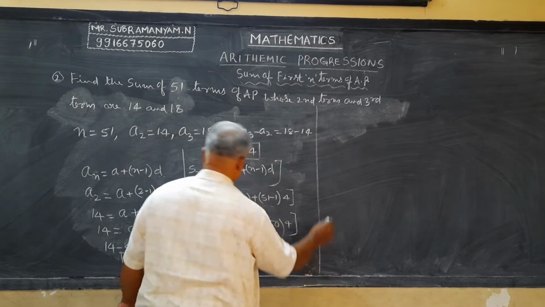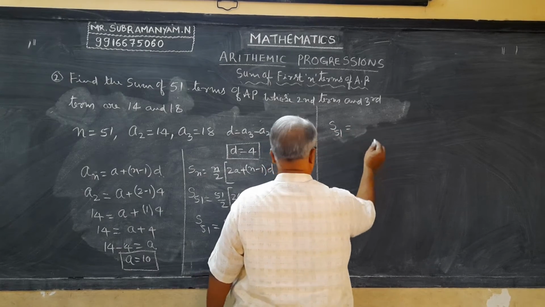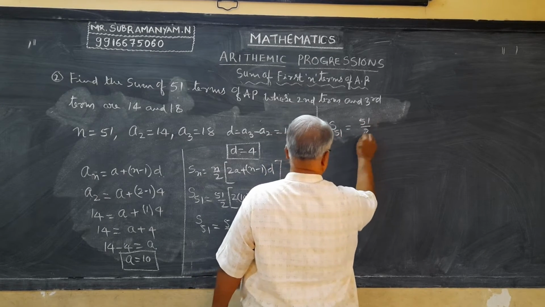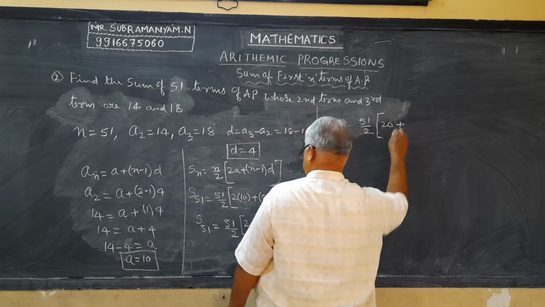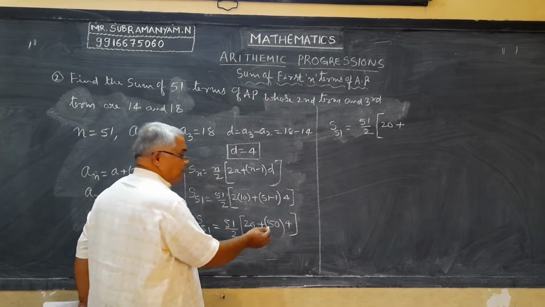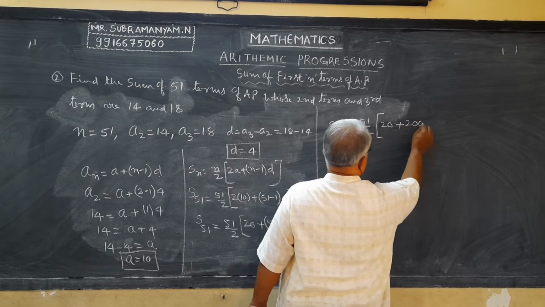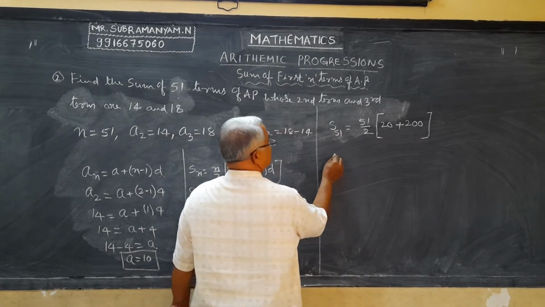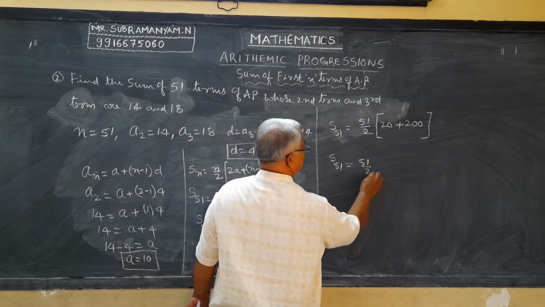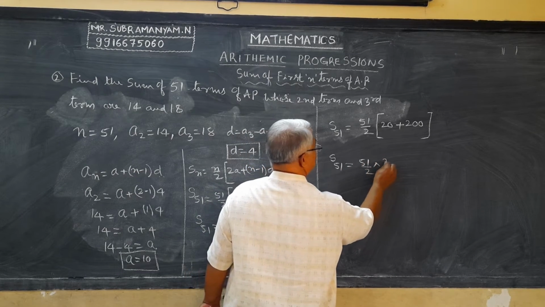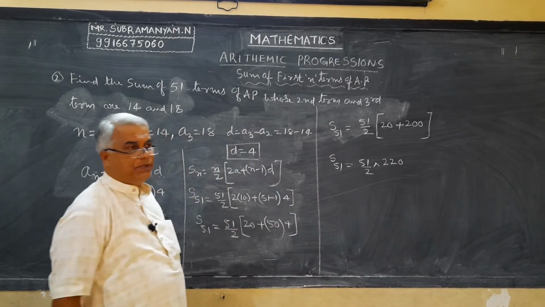Next, S51 equal to 51 by 2 into 20 plus, we have to multiply 50 into 4, 200. S51 equal to 51 by 2 into 220. We add those two numbers, we get 220.